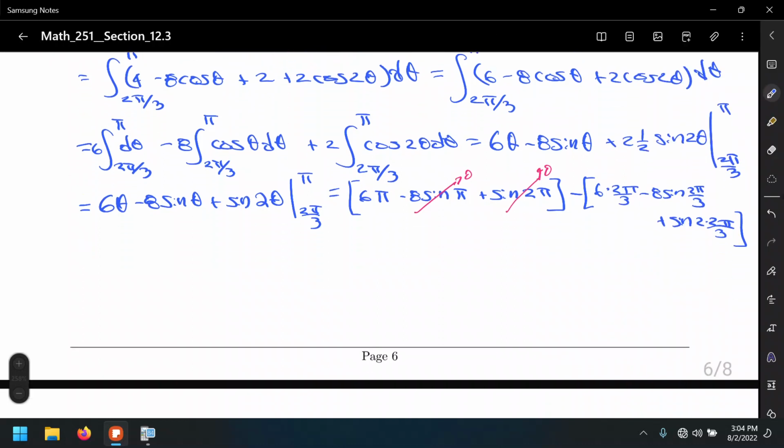So that's a 6 pi right here that survives. 6 pi. And then minus 6 times 2, which is 12 over 3. Is that a 4 pi? But that's minus 4 pi. And minus will be plus 8 times whatever sine of 2 pi over 3. Sine of 2 pi over 3 is root of 3 over 2.